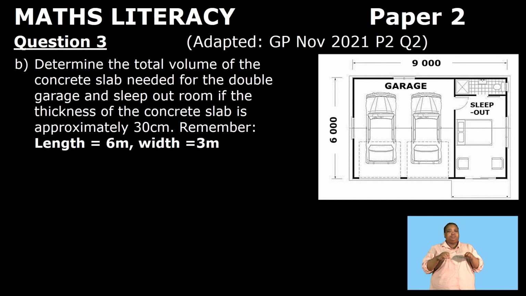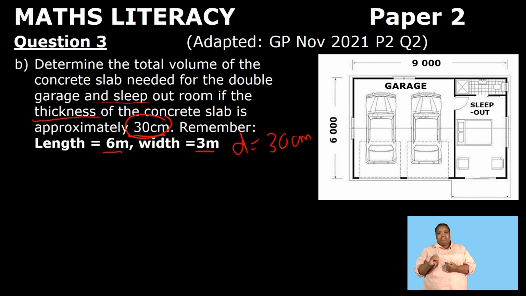Determine the total volume of the concrete slab needed for the double garage and the sleep-out room if the thickness of the concrete slab is approximately 30 centimeters. Remember, the length is 6 meters, the width is 3 meters, and then we have the depth of 30 centimeters, and then that will be 0.3 meters.